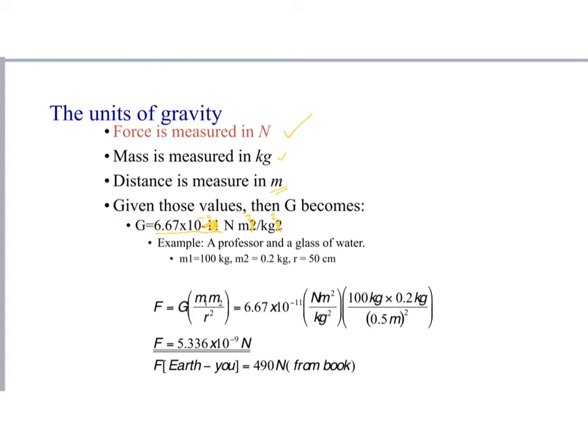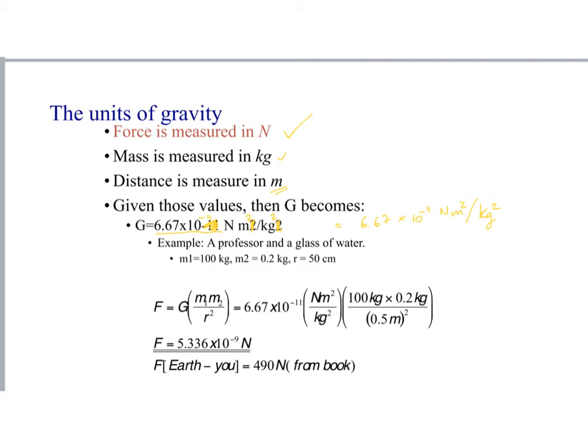Sorry for that. So if I were to write it again, 6.67 times 10 to the minus 11, and we have newton times meter squared divided by kilogram squared. So those are the units you're going to have to plug in the formula just to make sure you have the correct answer.